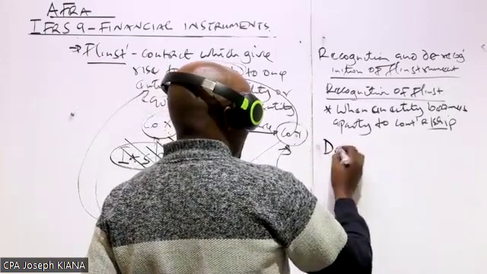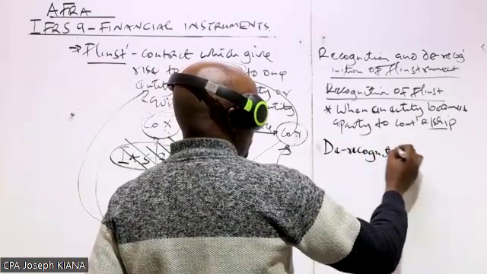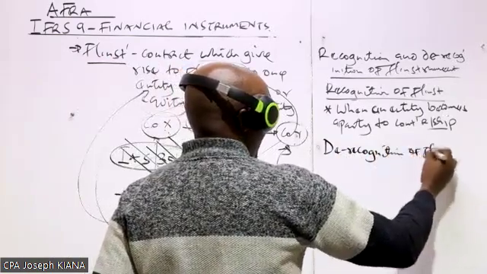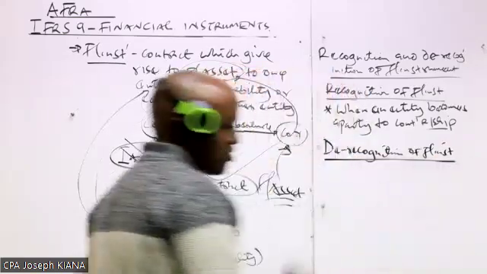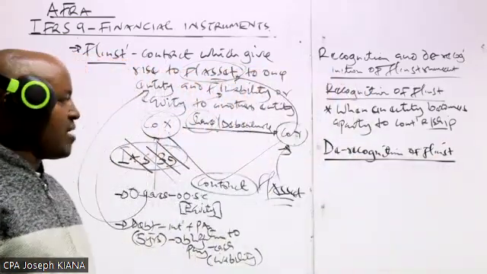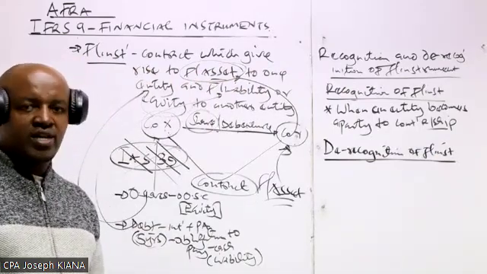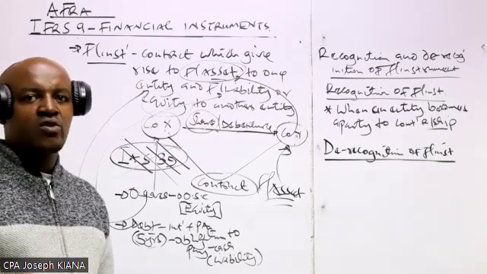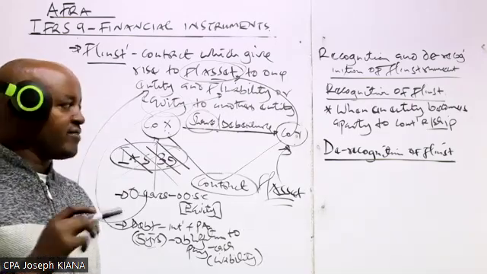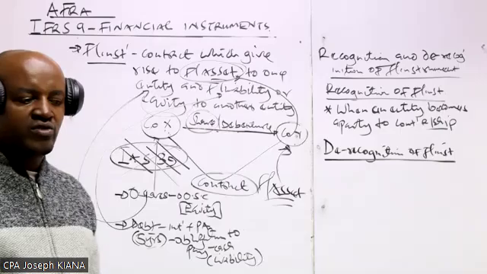So then from there we have the de-recognition of financial instruments. When we talk about the de-recognition of financial instruments, this is the direct opposite of recognition. De-recognition is the process of removing a previously recognized financial instrument from the entity's statement of financial position.